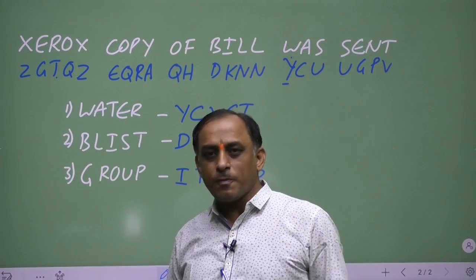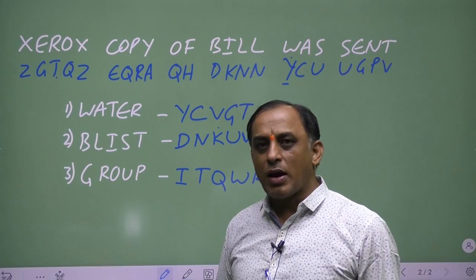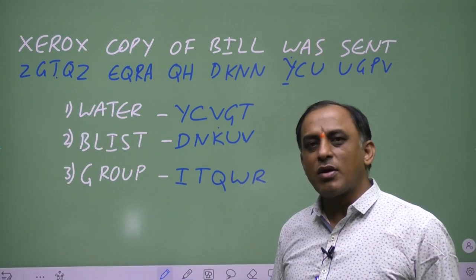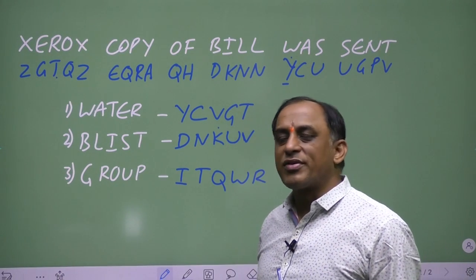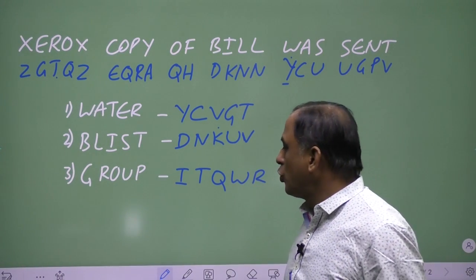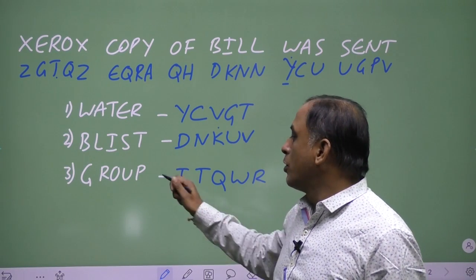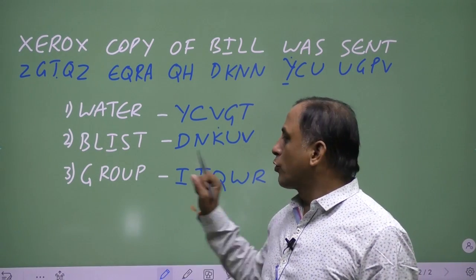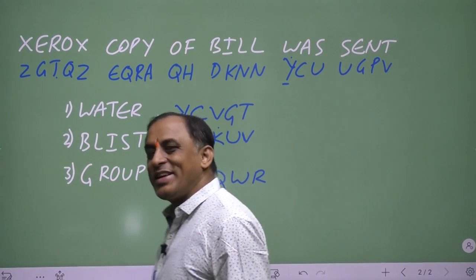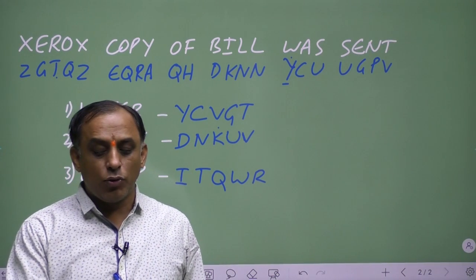Same way, G is coded as I, R is coded as T, O is coded as Q, U is coded as W, P is coded as R. Therefore, group is coded as ITQWR.